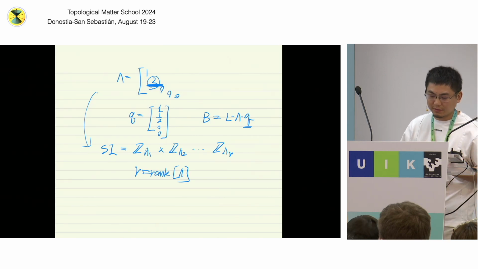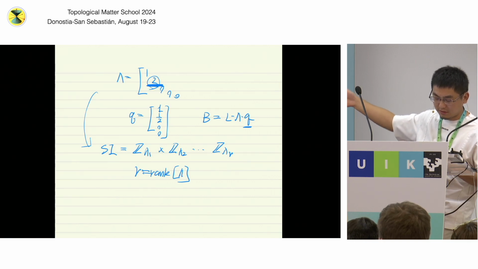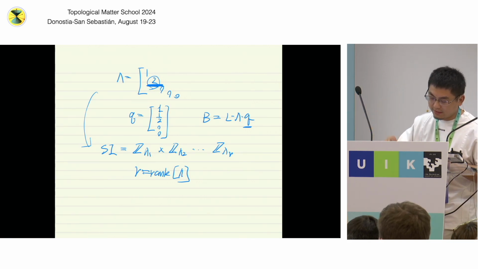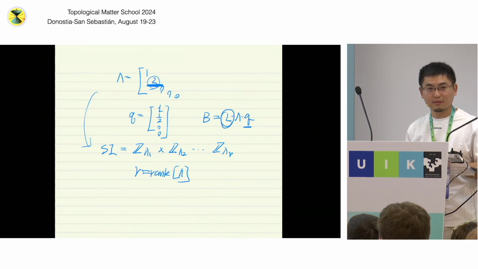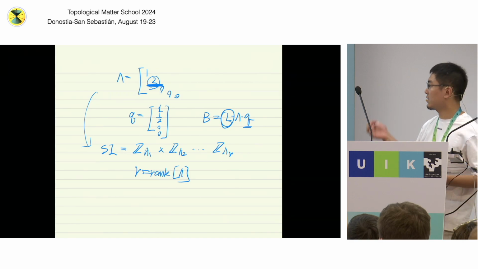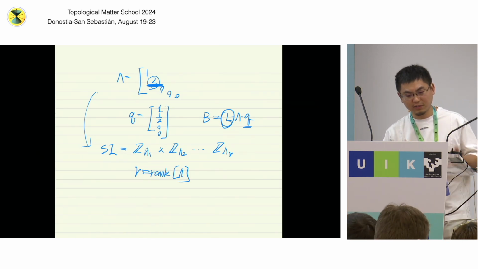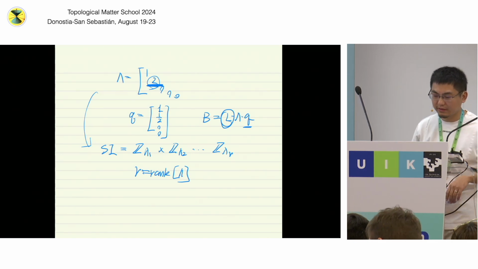If you have some non-identity, you have a non-trivial classification for symmetry indicators. And you can extract the expression for these symmetry indicators by looking at this L matrix. It's given by some columns or some rows of this L matrix. So basically, this is the general structure behind the symmetry-based indicator.